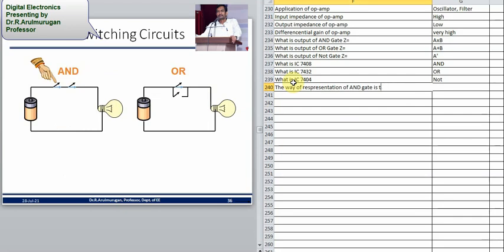The way of representation of OR gate is two switches connected in parallel. You should know that very clearly.